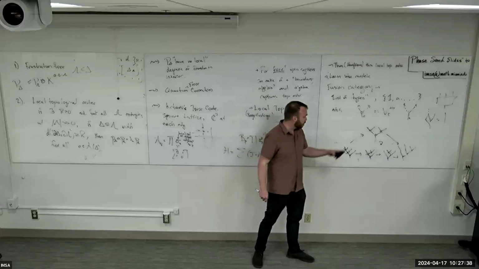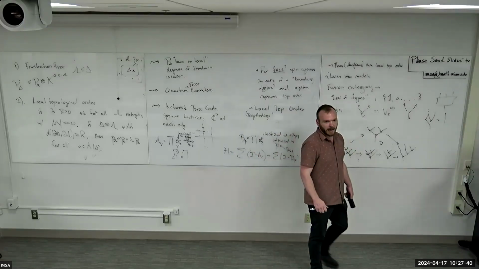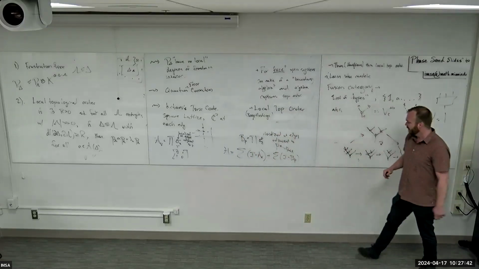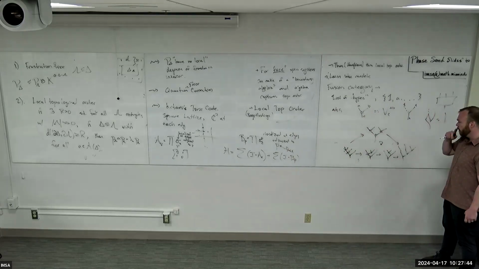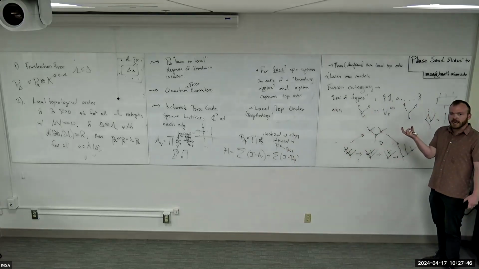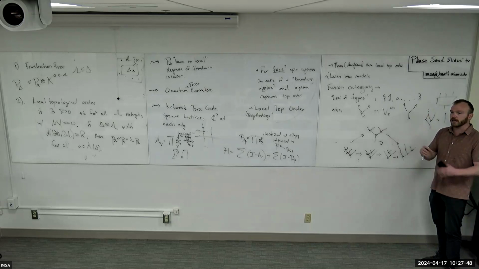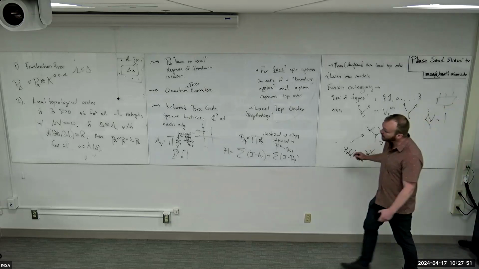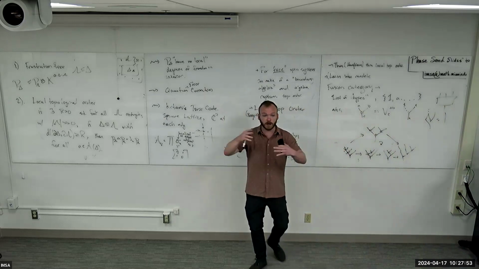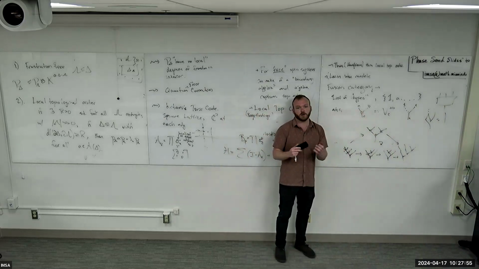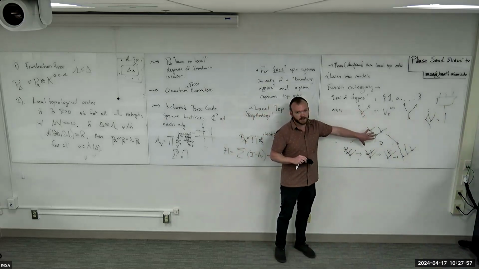Measuring these fusion coefficients in a laboratory would be insane and is not possible as far as I know. But that's what you need to actually get a tensor category and not just some fusion rules. And that's one of the things that makes doing that hard, if you're trying to build a fusion category out of something.